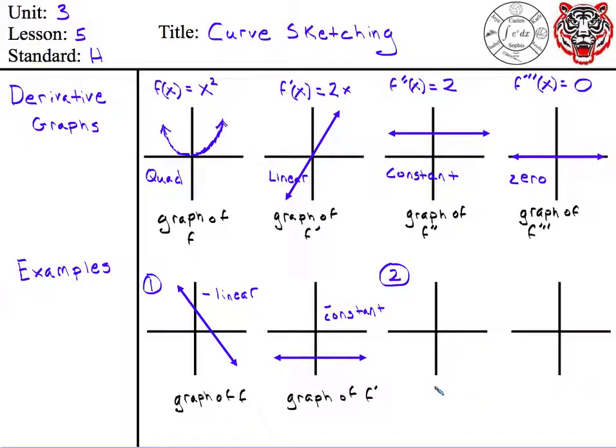So I'm going to say that this is the graph of f still, and this is going to be the graph of f prime. Okay, so I'm going to tell you that I know that there's this line for our linear function.